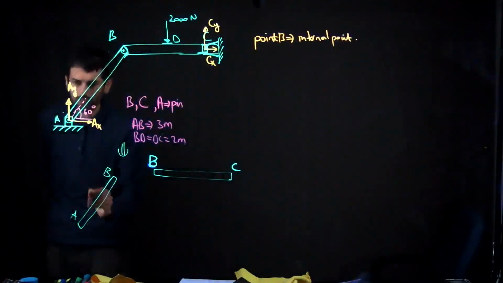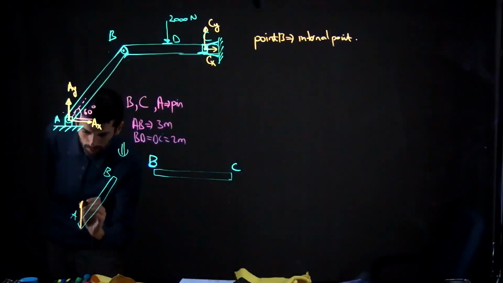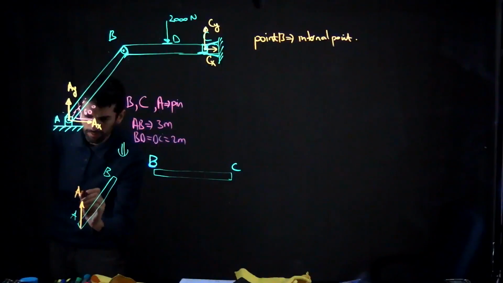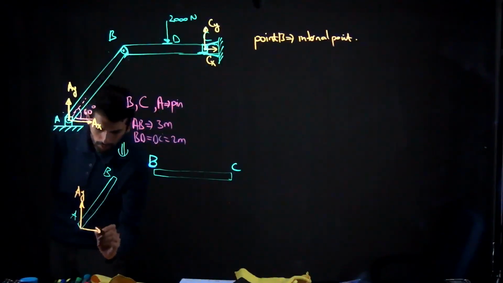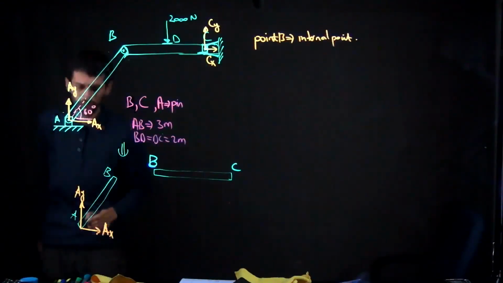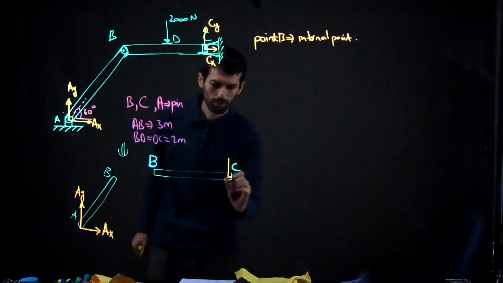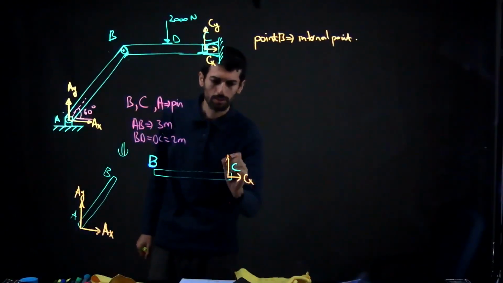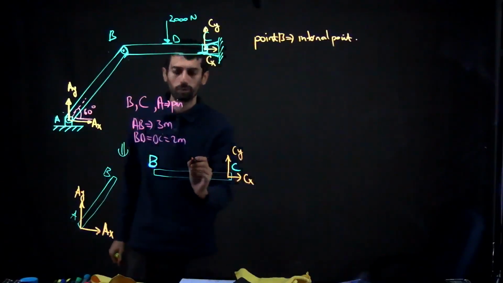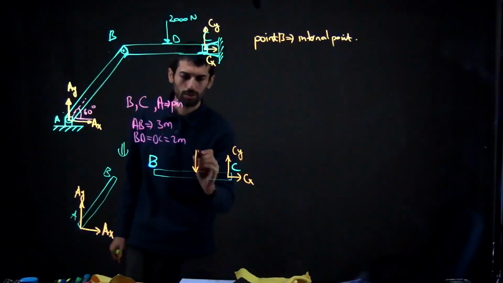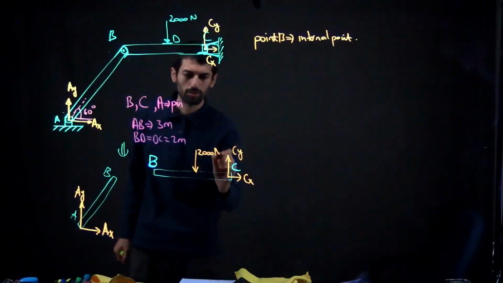If I do this way, again I will have the force AY and then force AX. Again here you will have the CX and then CY, and we have this 2000 Newton force.